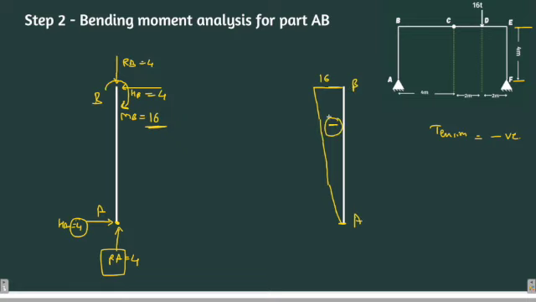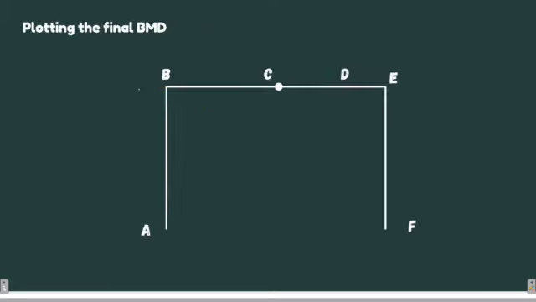That means the outer portion of the beam was experiencing tension. So I'll draw the same diagram over there. There are 16 units over here. We'll join it with a straight line. Pardon me, because I cannot draw a straight line freehand, but this is a straight line and this is a negative sign.